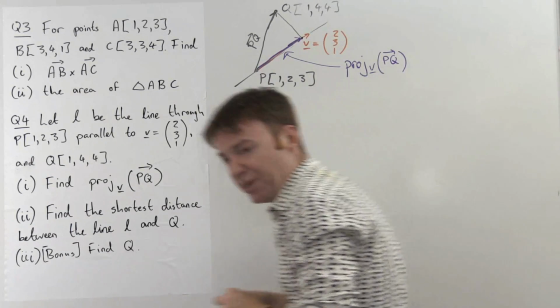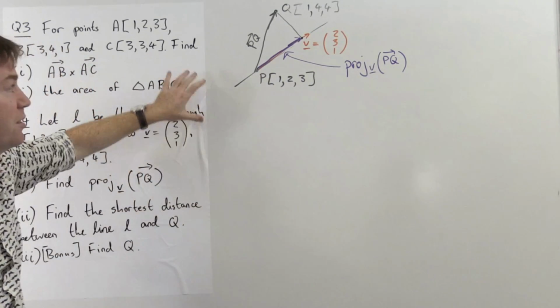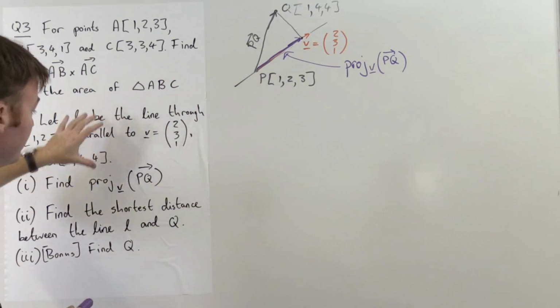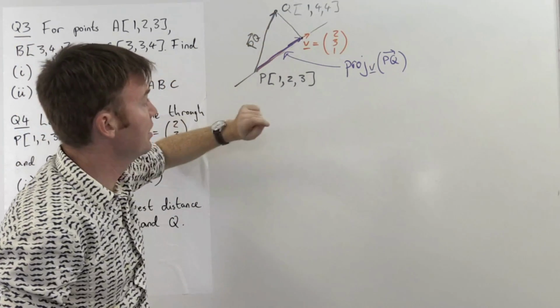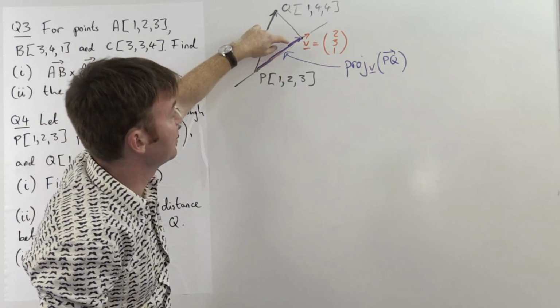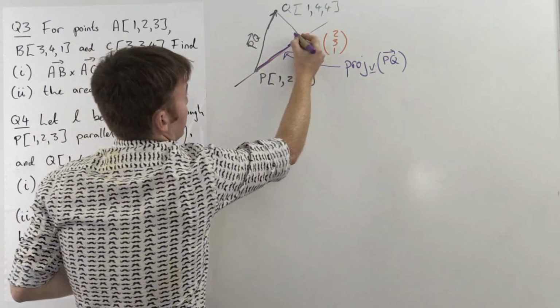So here's the picture that will help you put this question into something that you can solve with algebra. Here's some generic point, your line, and this purple vector is the projection, and this is a right angle in here.